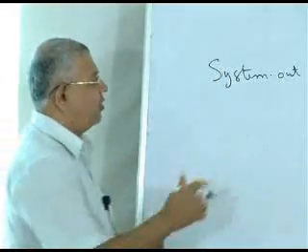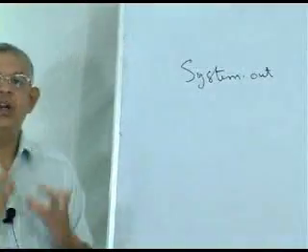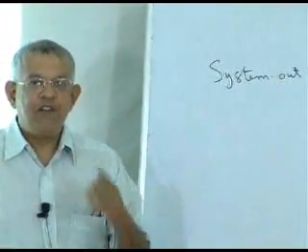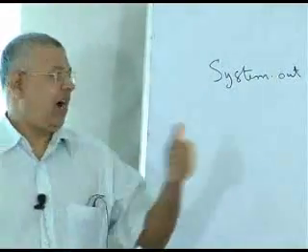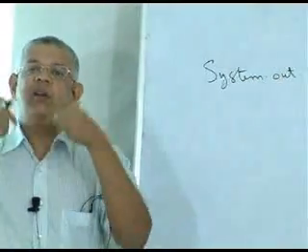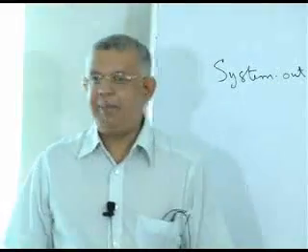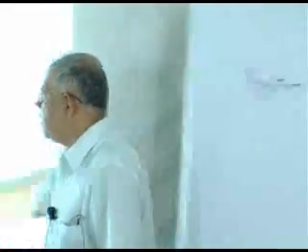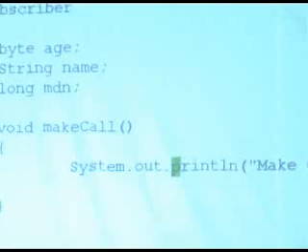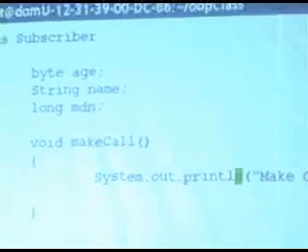This object out normally refers to the console. If I want to do anything with the console, I use the out object. Whatever I do on the out object will appear on the console. Now this out object has some methods. What are the methods? Print line is one of them. So print line is a method available in the out object, which is part of the System class.